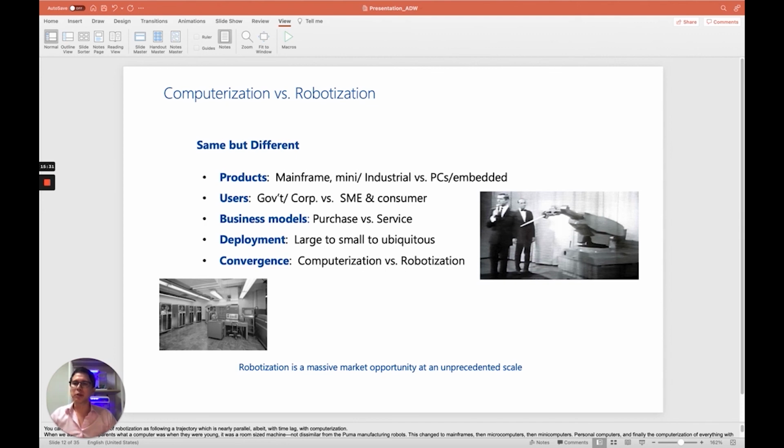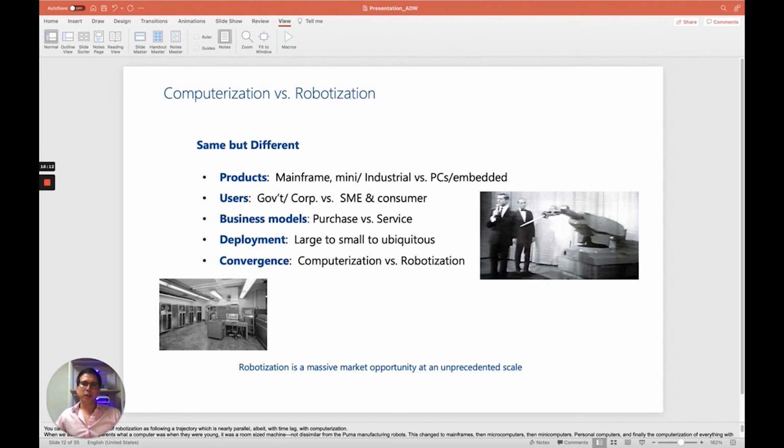In much the same way, robotization is following a similar trajectory, where we are seeing robotics technologies being embedded, becoming part of everything. Again, going back to the car or a cart or you name it. There are ways that robotics are being imbued into existing products and used to create new products, which we shall see on the market in the near future.